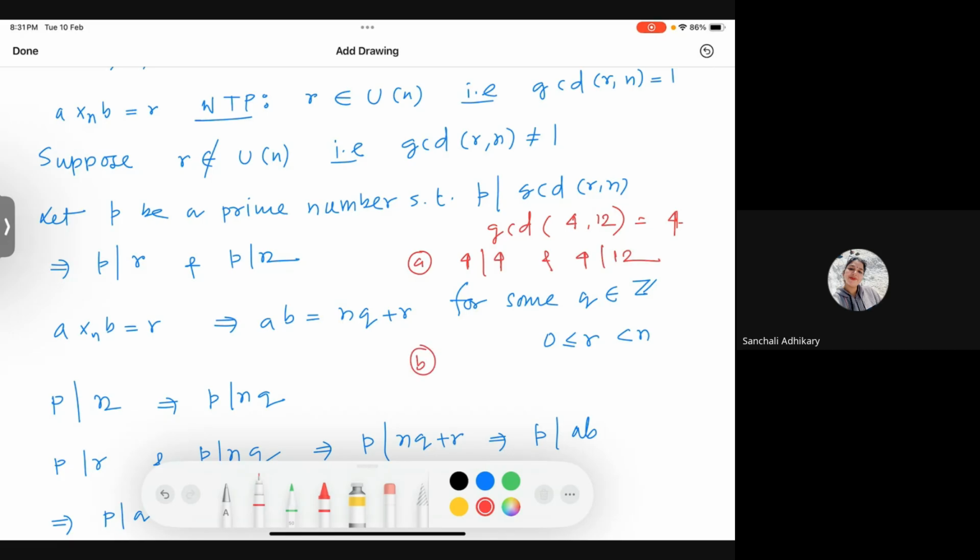And the second thing, take any common divisor of 4 and 12. 2 is a common divisor of 4 and 12. So, if D divides 4 and D divides 12, then it will imply D divides the GCD of 4, 12. That is the definition of GCD.